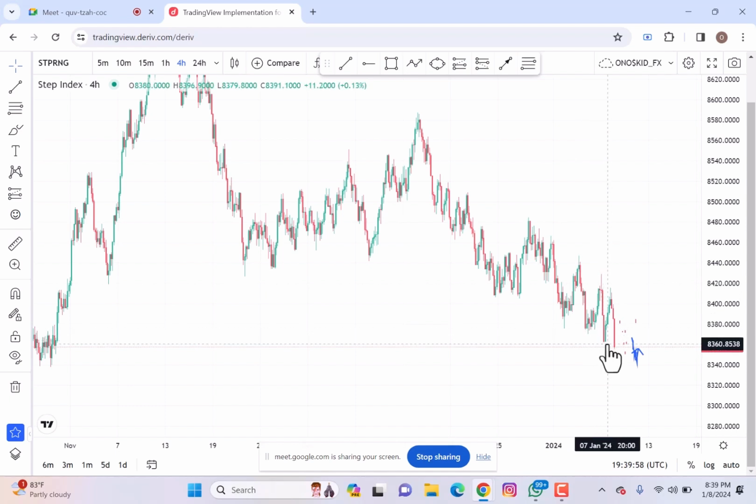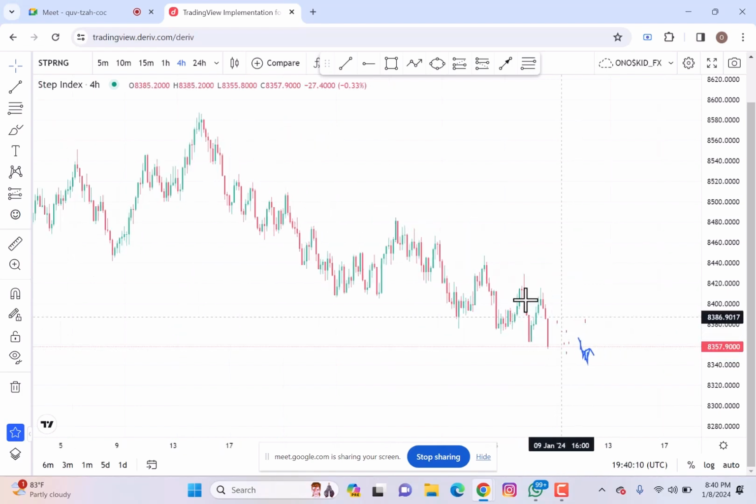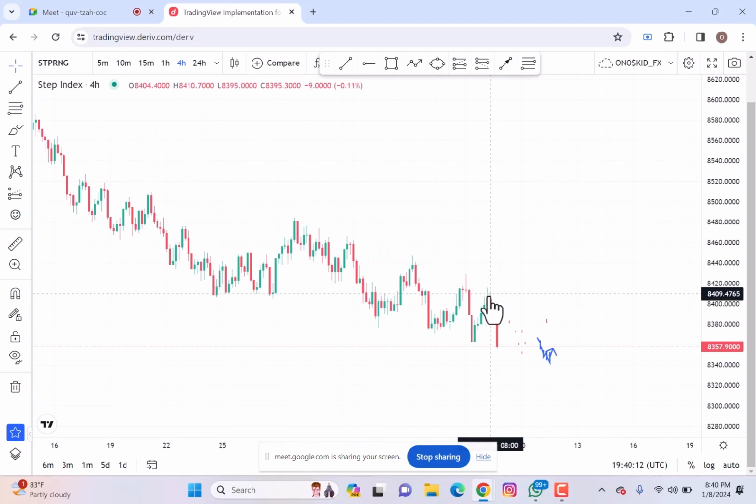Sorry, this is a lower low, this is a lower high, and what the market has currently just created is an impulsive move for a new lower low. Our interest is what happened around this region here.